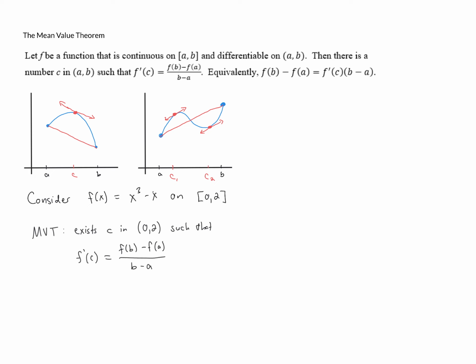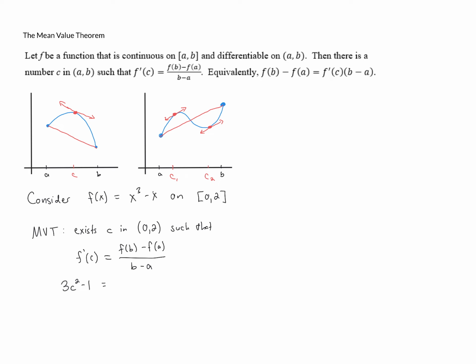Well, let's find that value. First of all, we know the function, so we can differentiate the function. The derivative of x cubed minus x is 3x squared minus 1. But because we're evaluating this at c, it's going to be 3c squared minus 1.